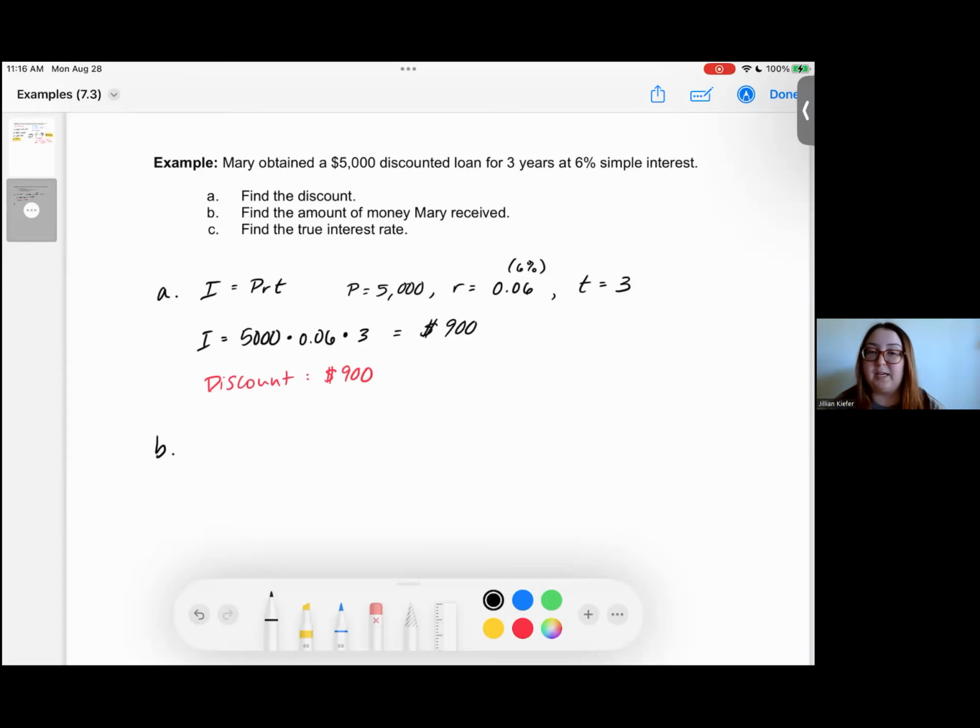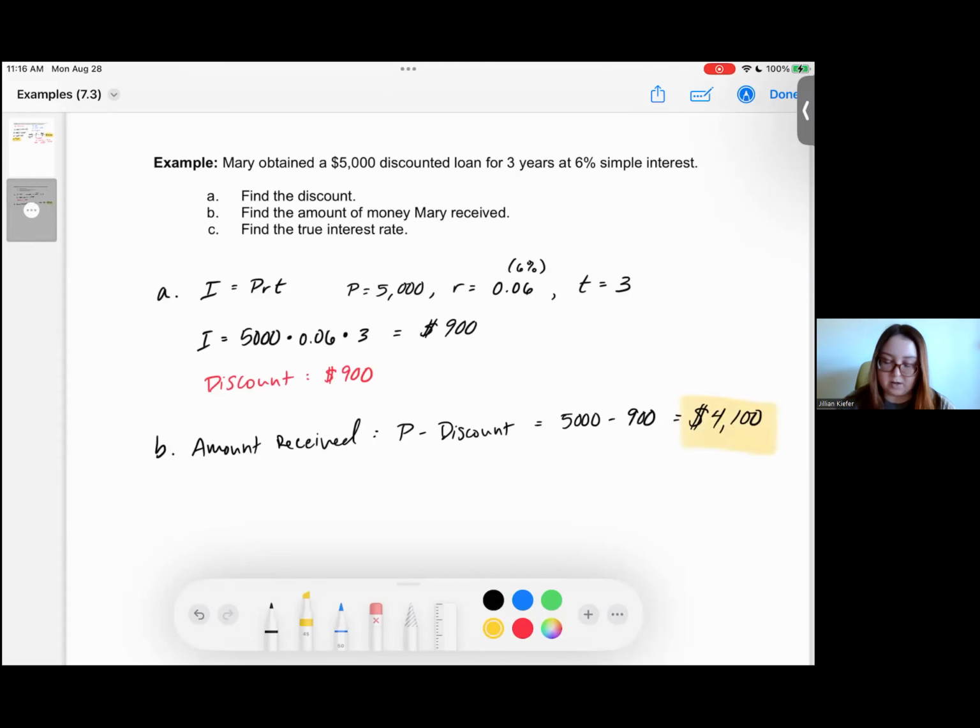So when we go to part B, when we find the amount of money that Mary actually received, the amount that she received would be the principal minus the discount, which for us, this is 5,000 minus 900, making the amount that she actually received $4,100.